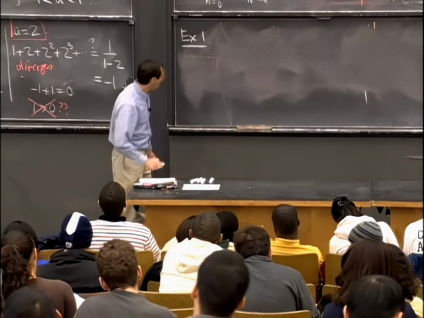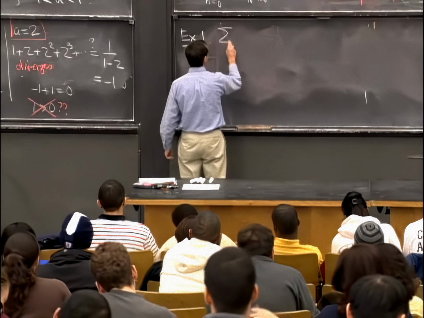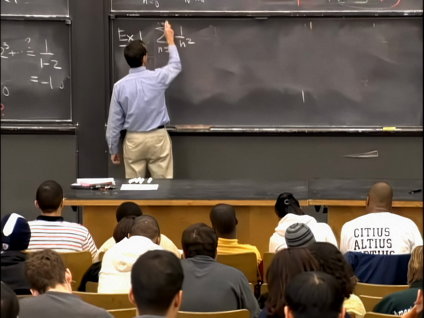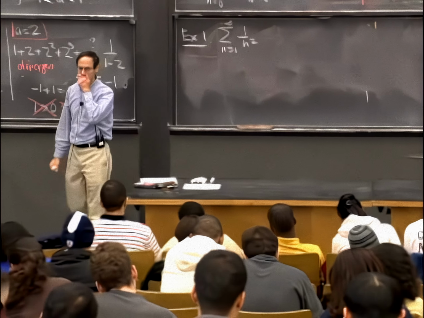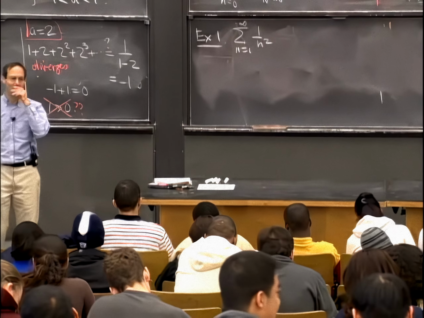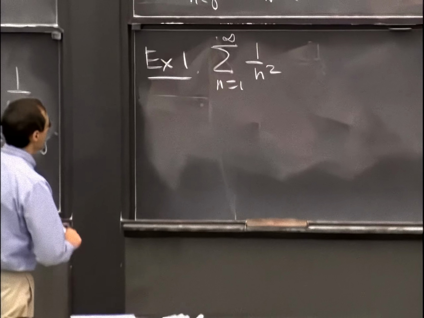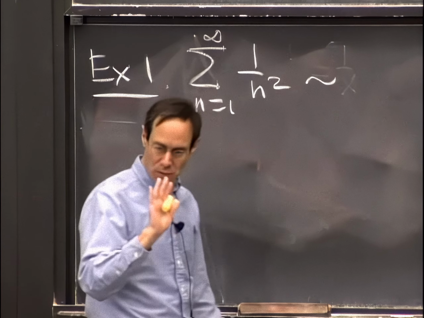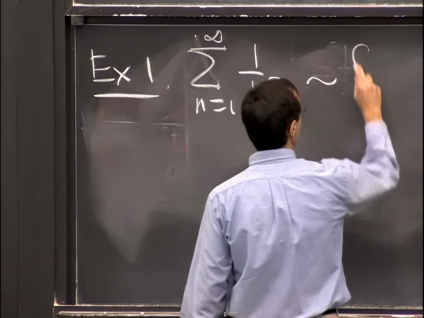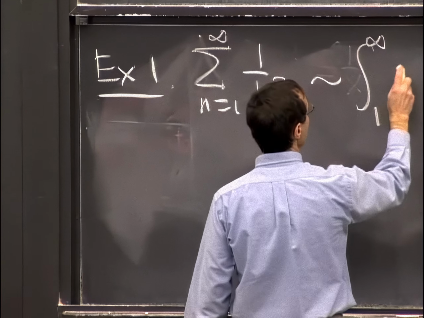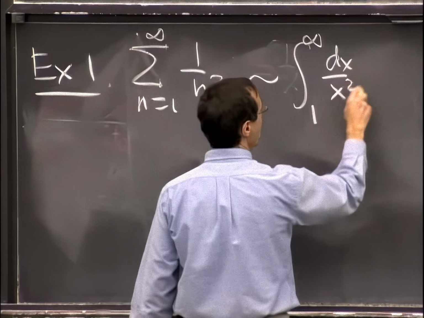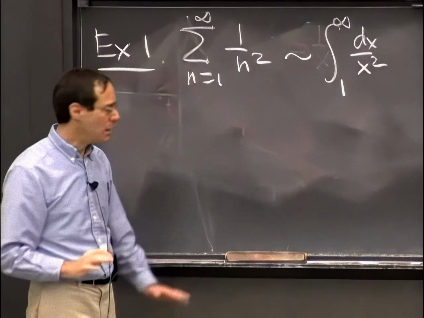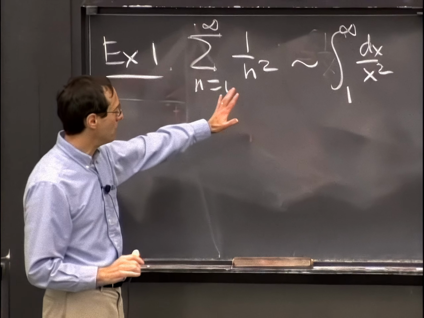But the first example that I'm going to discuss now in a little bit of detail is the sum of 1 over n squared, n equals 1 to infinity. It turns out that this series is very analogous to the integral from 1 to infinity of dx over x squared, and we'll develop this analogy carefully. We're going to develop this analogy in detail later in this lecture.